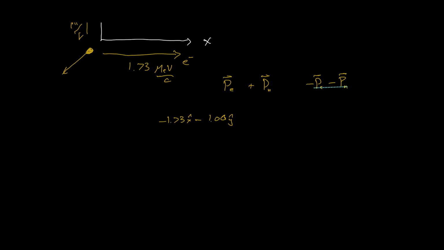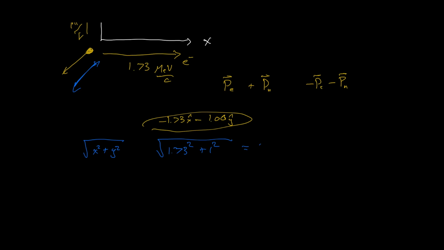So this is our vector, but we need to know the magnitude and direction, right? The magnitude is just going to be the distance here. And to calculate that distance, it's as simple as the square root of x squared plus y squared. So we have 1.73 squared plus 1 squared, and the square root of that turns out to be about 2 MeV/c.